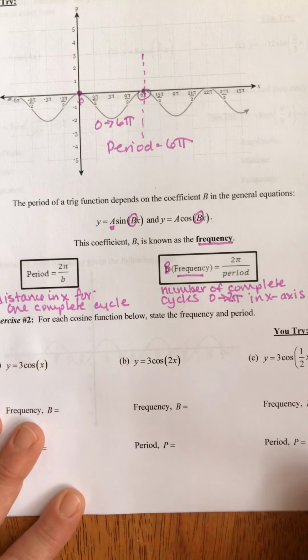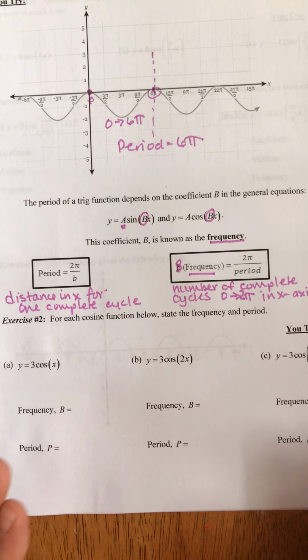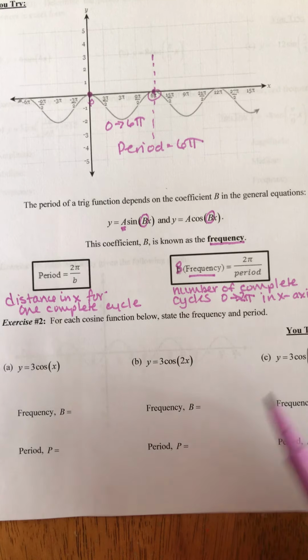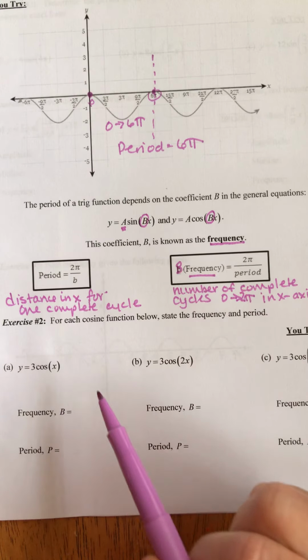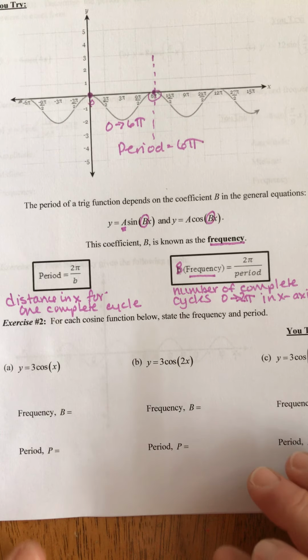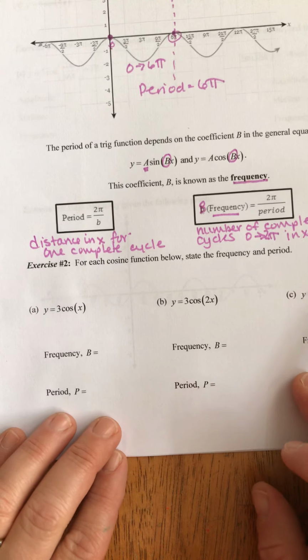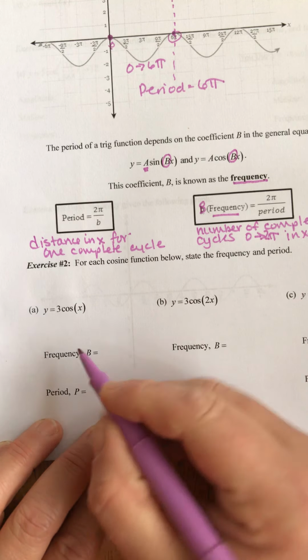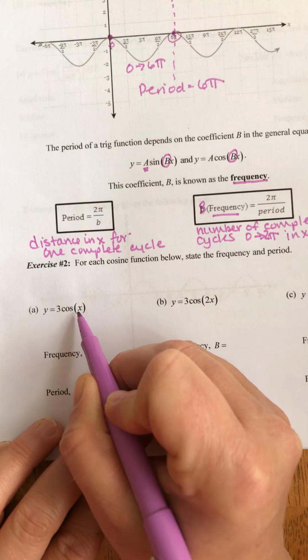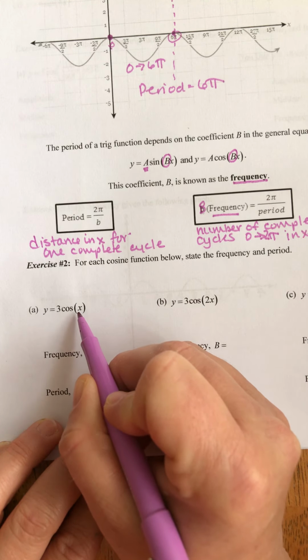Okay, so how long is it in x does it take to complete one full cycle? So we can get this information using the graph like we did up here, or we can get it right directly from the equations. Okay, so looking at the first equation here, y equals 3 cosine x. So when we talk about frequency and period, we're going to look inside the parentheses.